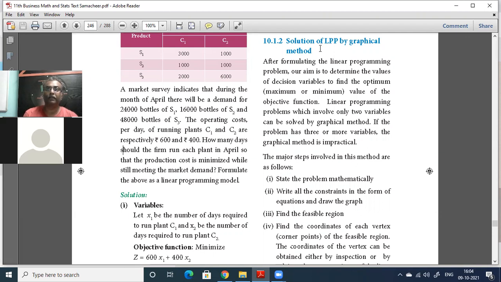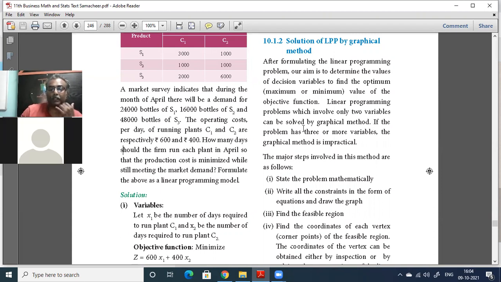Among them, you can find the points giving minimum or maximum value, the values of x1 and x2 for which z is maximized, based on the graph method.